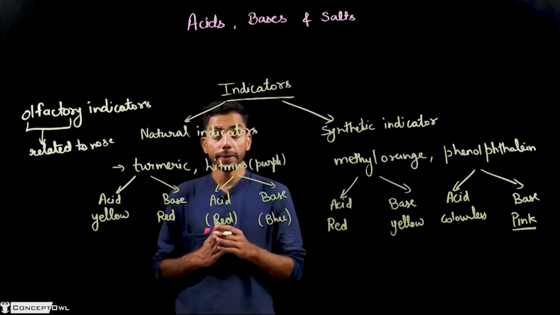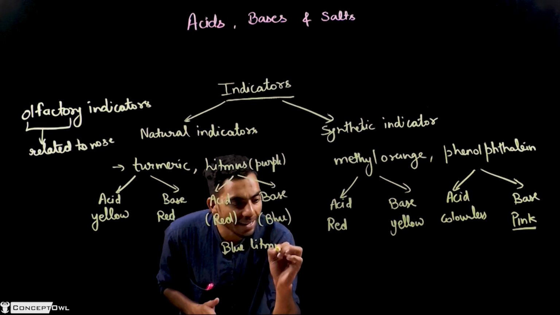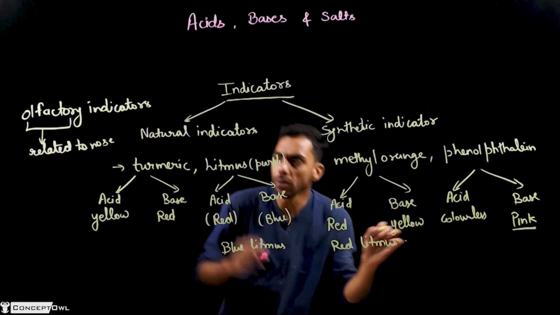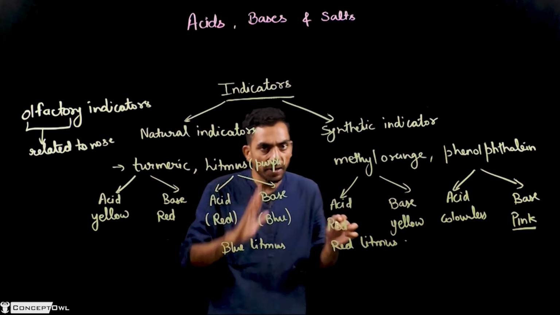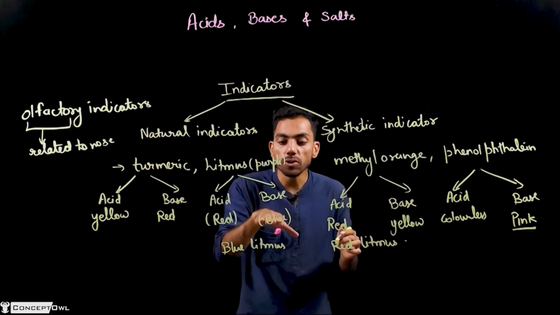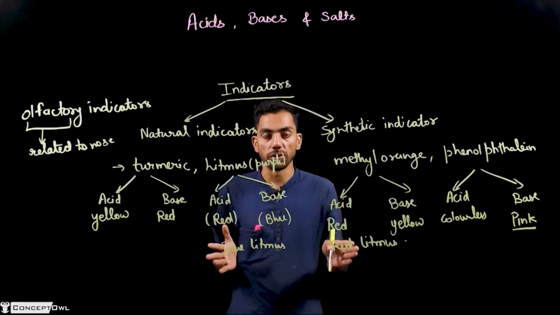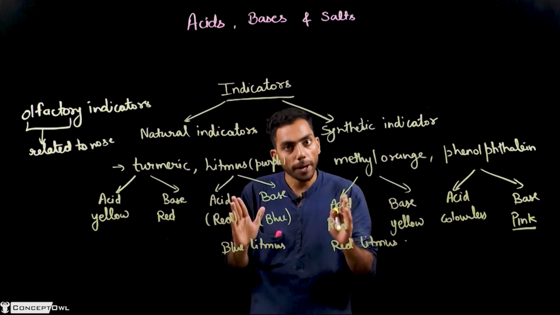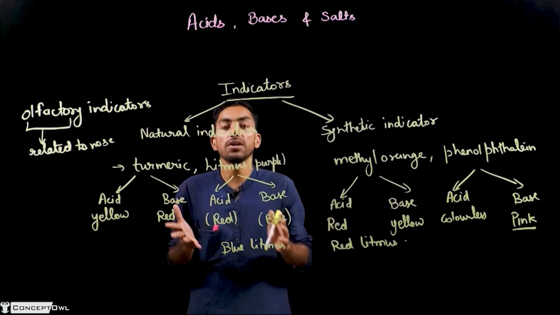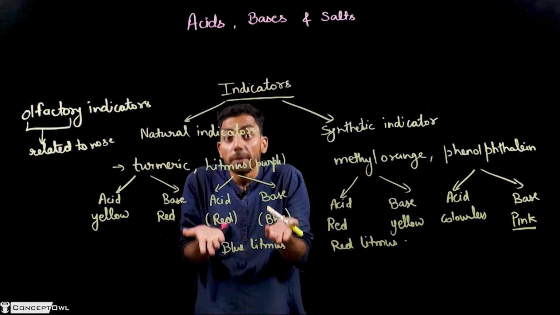There is one more thing in your book, blue litmus and red litmus. What do they mean? Litmus is originally purple in color, but when we take litmus in basic medium, it shows blue color, and that solution is known as blue litmus solution or simply blue litmus. When we add base into blue litmus, it won't change the color because it's already in basic medium.